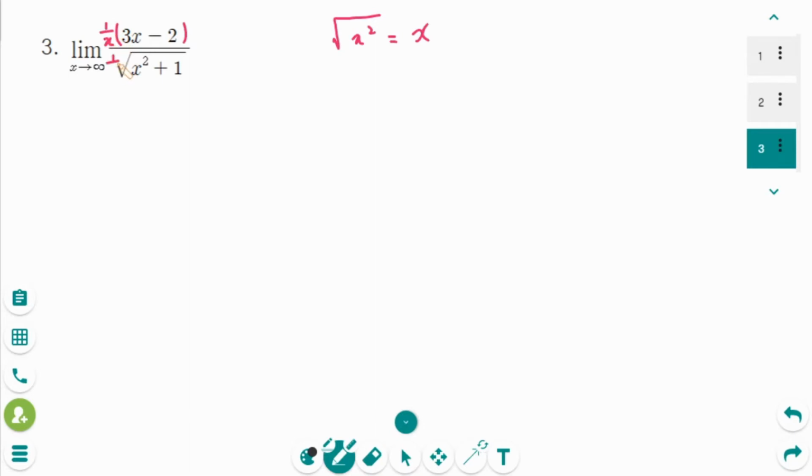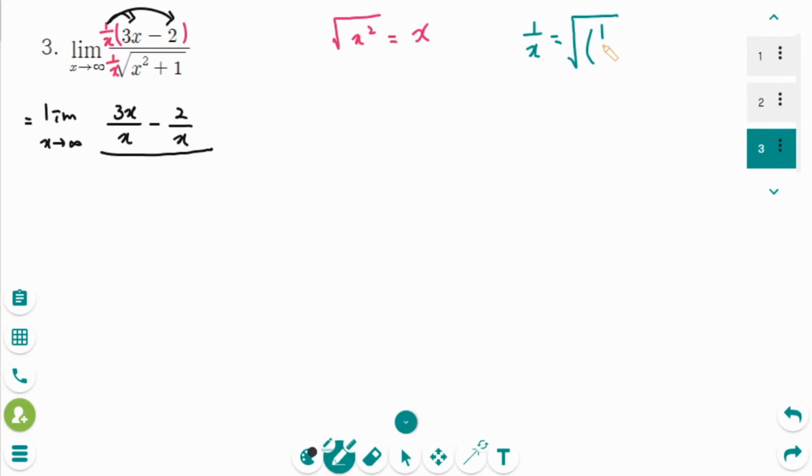So now we will divide by x in each side, like this. And then expand. When 1 over x enters the square root, you must square it. 1 over x is the same as the square root of 1 over x squared.